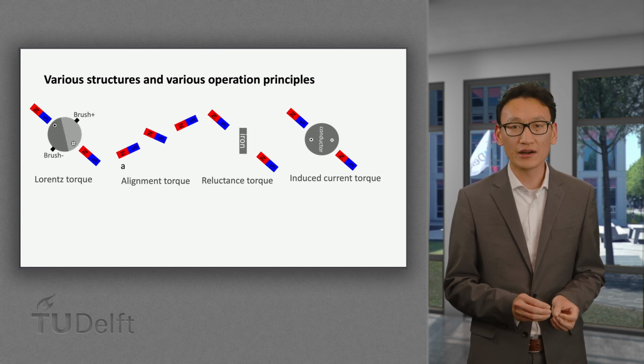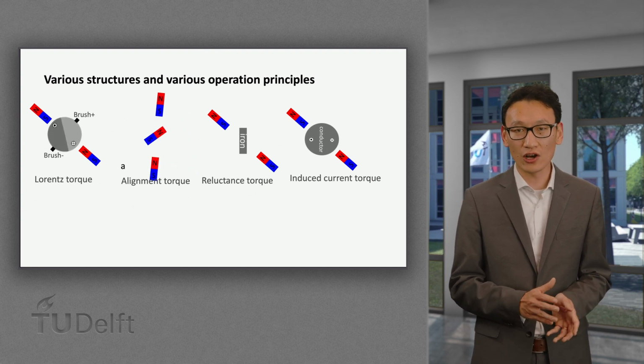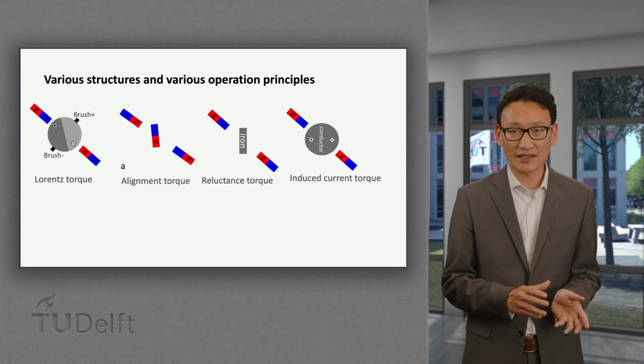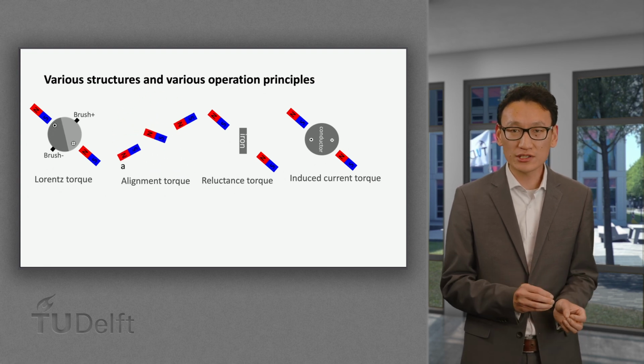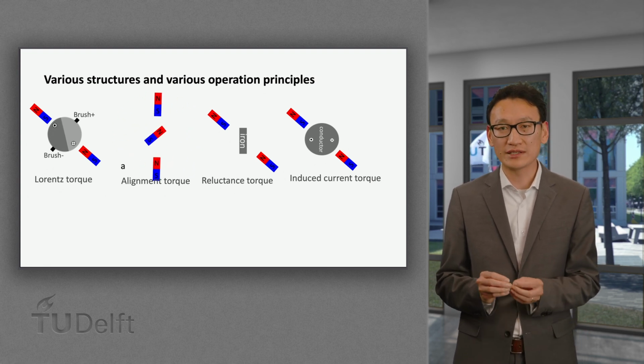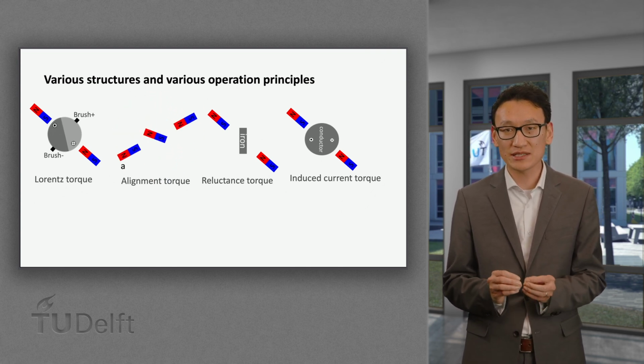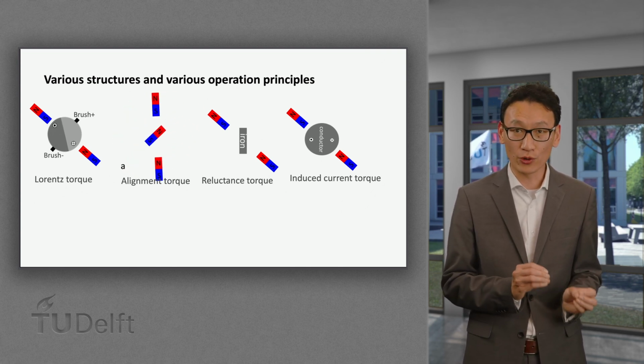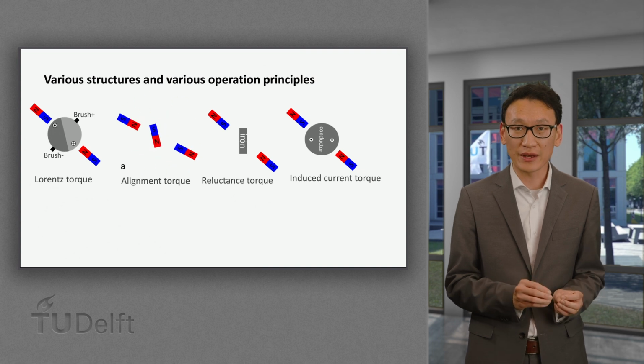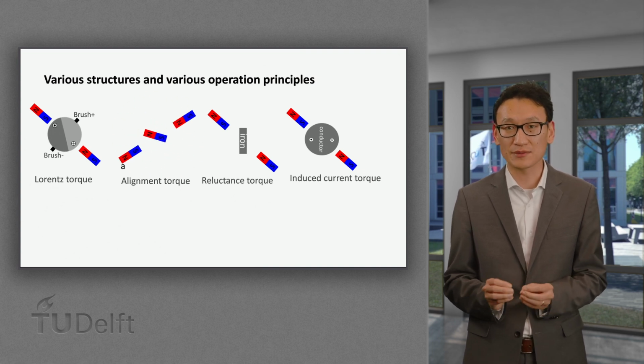The second one here operates based on the aligned torque between opposite magnetic poles, where both rotor and stator are equipped with magnetic poles, and hence the rotor rotates at the same speed as the stator magnetic poles rotate. This speed is defined as synchronous speed.